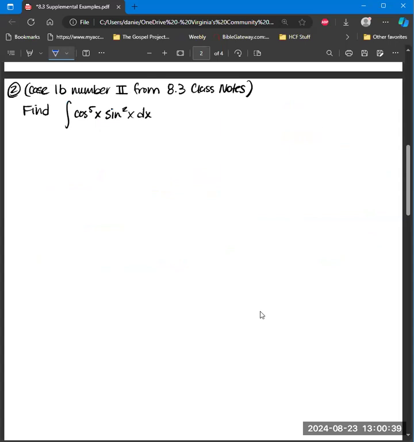Now, case 1b, Roman numeral 2 from our 8.3 class notes, power of cosine is odd and positive. So very much the same thing.